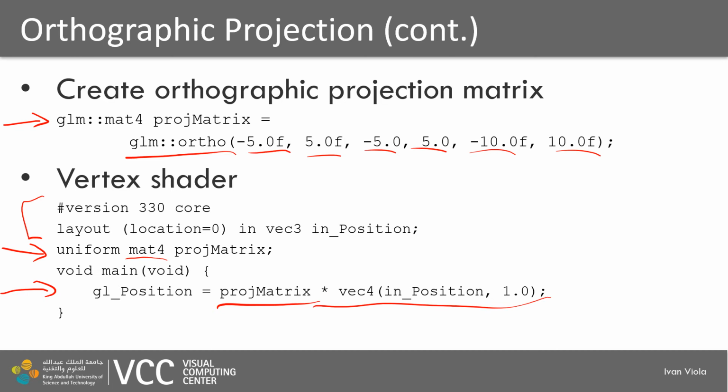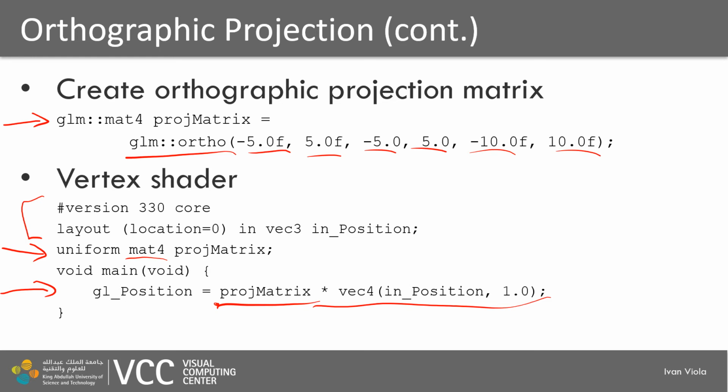So we will be performing orthographic projection of our vertices onto our viewport, in a way that we will be multiplying these vertices with our projection matrix. We can have here more multiplications with the camera positioning or with the model matrix, but for now we have only the projection matrix multiplied here.